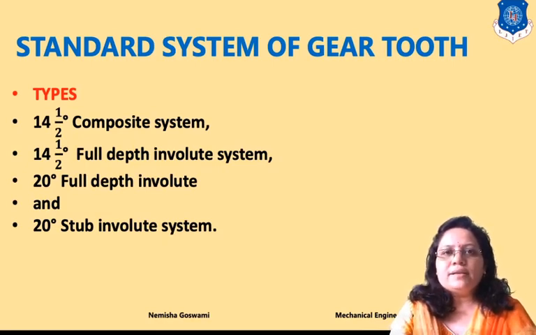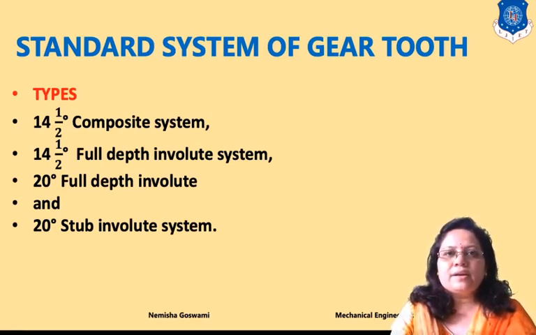On what basis have we classified these standard systems of gear tooth? These are classified on the basis of pressure angle. Here 14 and a half indicates the pressure angle. The second standard system is the 14 and a half degree full depth involute system.